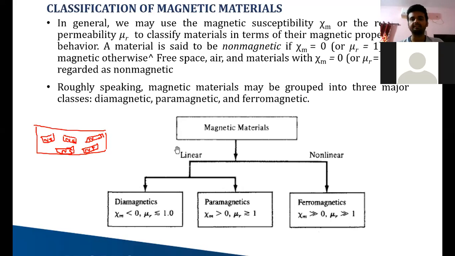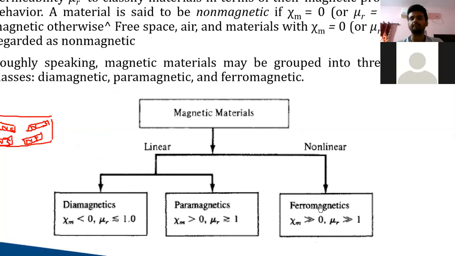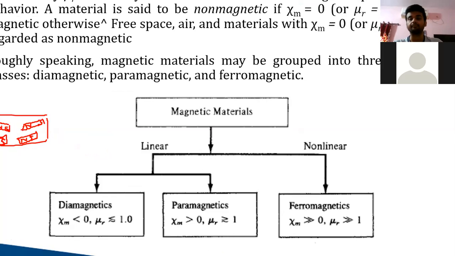These come under linear magnetic materials, and under non-linear we have ferromagnetics. What is the meaning of ferromagnetic material? In which susceptibility is very high, permeability is very high.